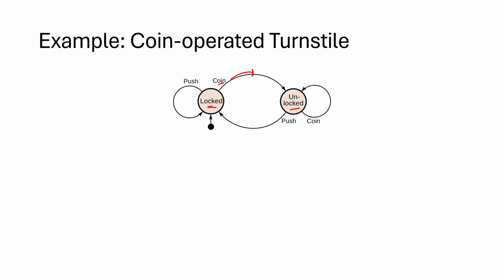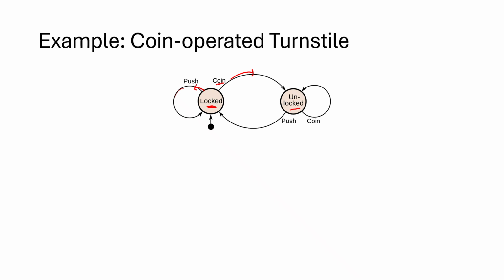On the other hand, if you are in the state of locked and instead of inserting a coin, your interaction was to push the turnstile, then you stay in the same state, which means that the turnstile remains locked. So your transition will be from this state to itself, which is represented through this edge that goes from the state of locked to itself.